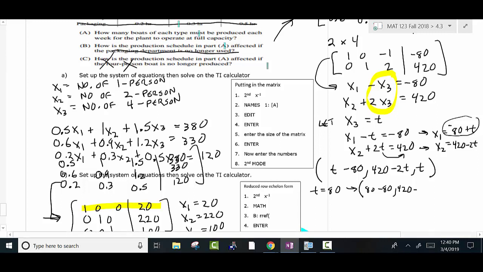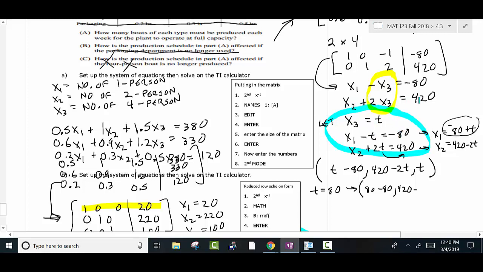That's where we started, the one that showed up in both equations. So that's your parameter. Whatever that parameter is, just t. So I'm letting x3 be t, and then I'm plugging in a t everywhere I see an x3. Right. So I have x1 minus t equals negative 80, x2 plus 2t is 420, and then solve.